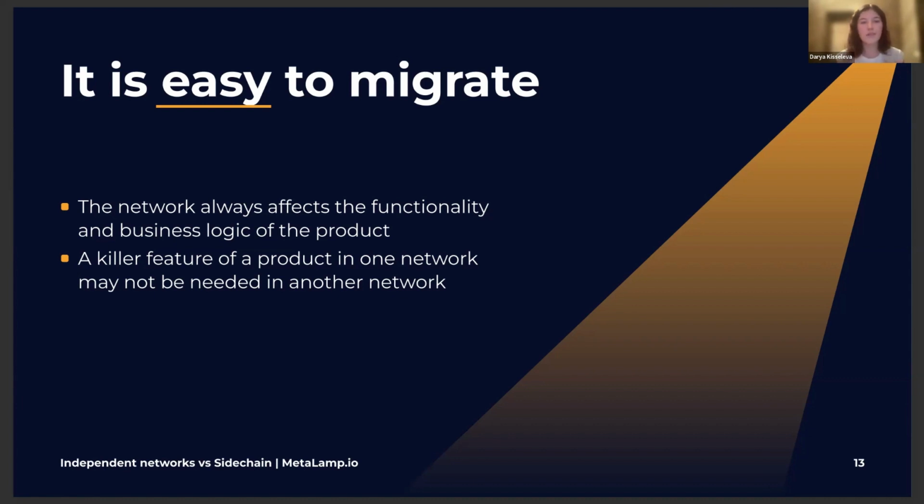This example clearly illustrates that the right network selection does have an impact on the project. Otherwise, why don't all solutions work on all networks at once? Their multi-chain capability takes time, and sometimes that's a lot of time.